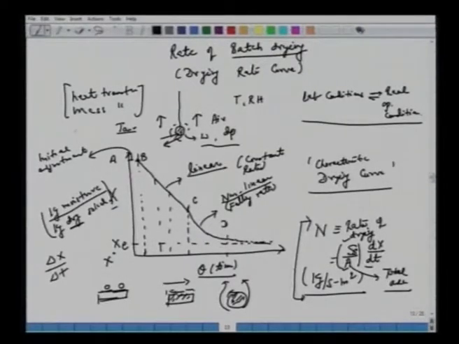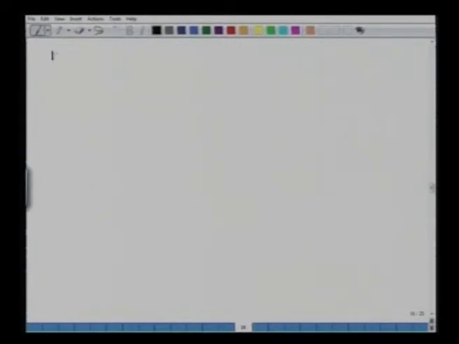Remember, first we plotted relative humidity, relative saturation, P bar over P0 versus X. That's number 1 in the drying curves. Now we have the second drying curve, where we draw X versus theta, and from this we calculate N, and then again we plot N versus X. This would be the third curve, which is quite important in our context.